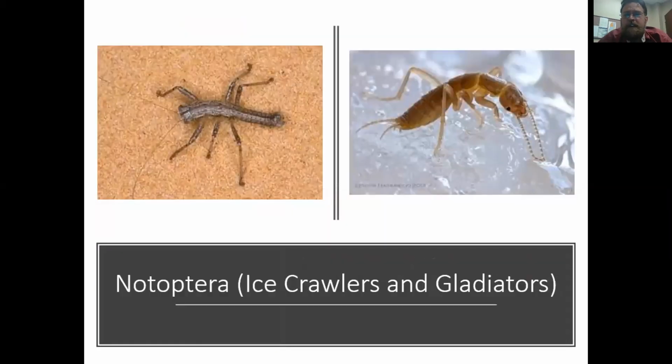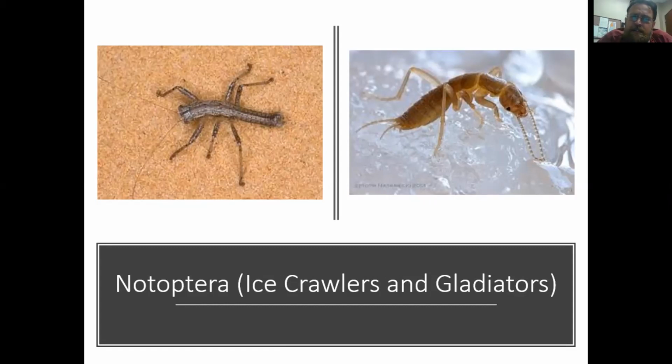Just kind of an interesting note, I mentioned that insects are really diverse. And we often think that we've discovered everything that's out there. So this is the Notoptera, not one you're likely to run into. The ice crawlers live in really, really high mountains and freezing conditions where you wouldn't think you would find an insect.